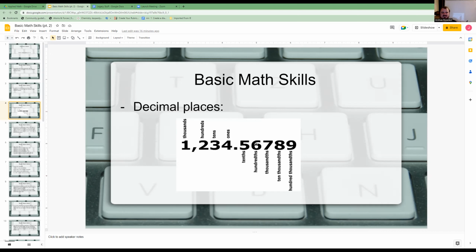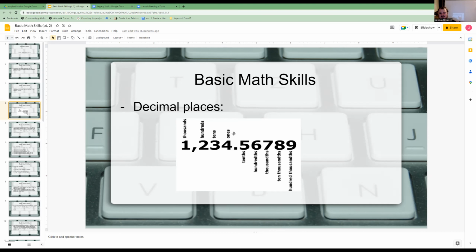If it's not clear in the way I'm saying it, it's hundreds ending in S for the third decimal place going in the left direction, but going to the right, the second decimal place, we'll call that the hundredths. So then the next place is the thousandths, then the 10,000ths, then the 100,000ths, then you guessed it, the millionths, 10 millionths, 100 millionths, and like that. That's how it goes. Okay.